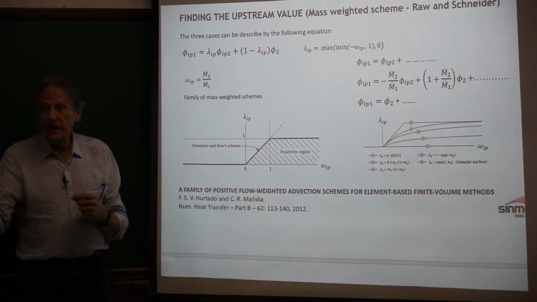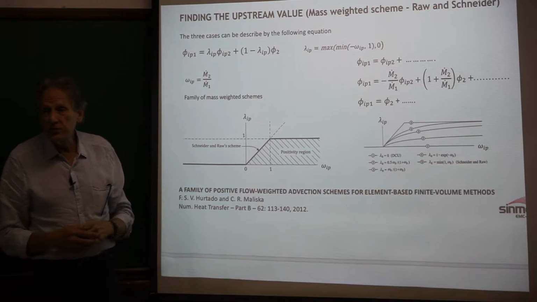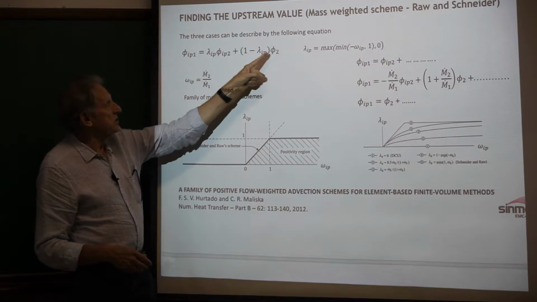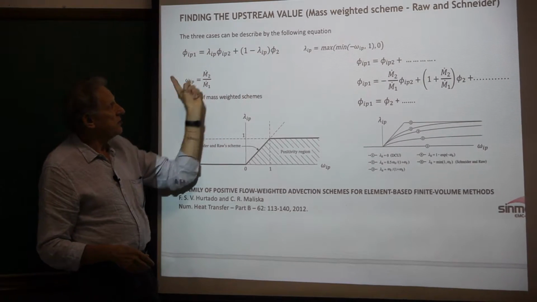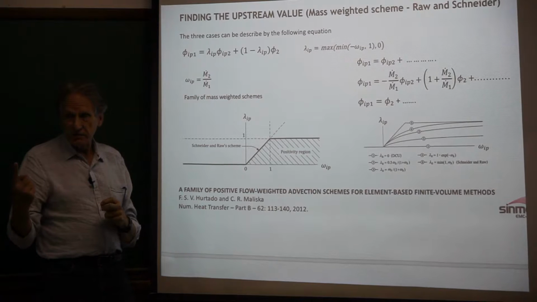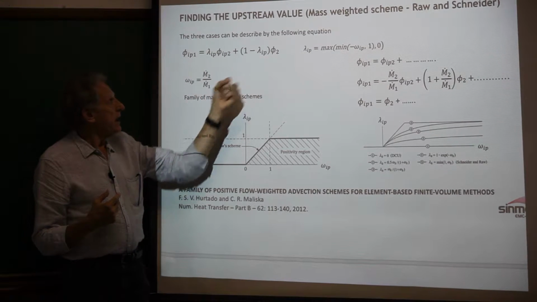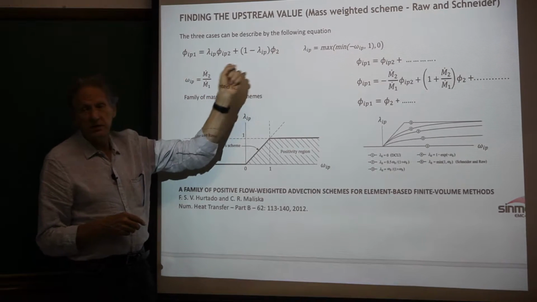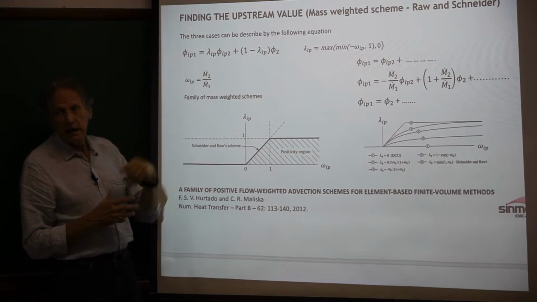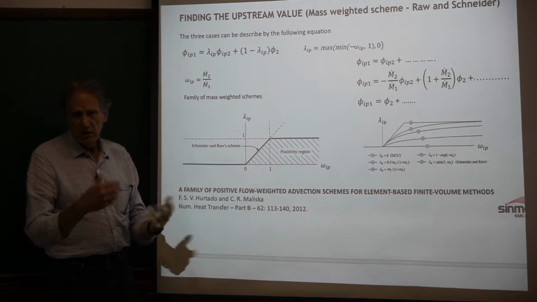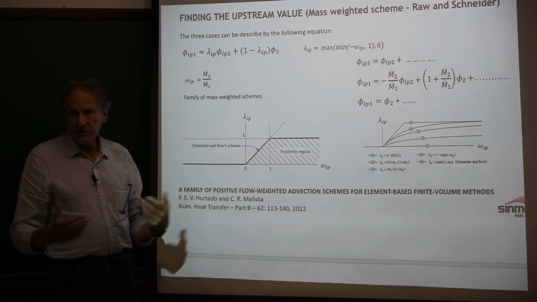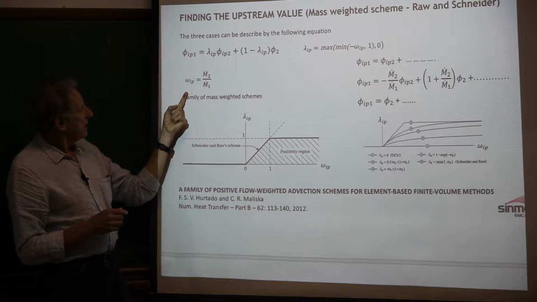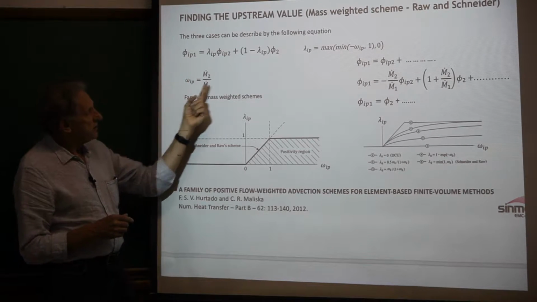In the third case, this lambda has to be 0, right? Because then the phi IP1 is just phi 2. In the first case, lambda should be 1, because then phi 2 drops out and it depends only on IP2. And in all the other cases, where the relation of the mass flow is here, lambda is a function.